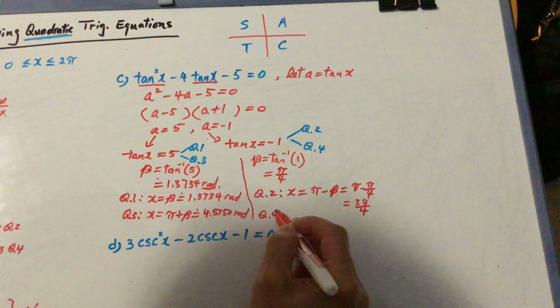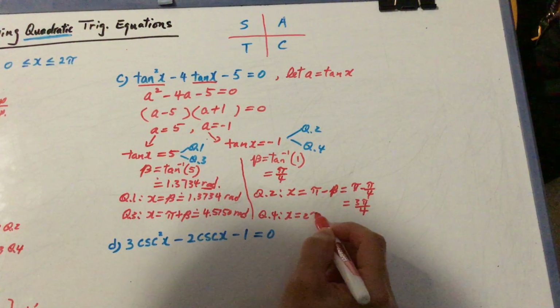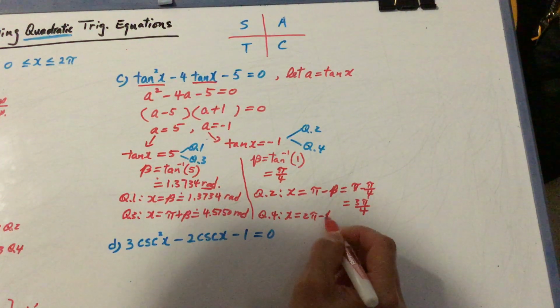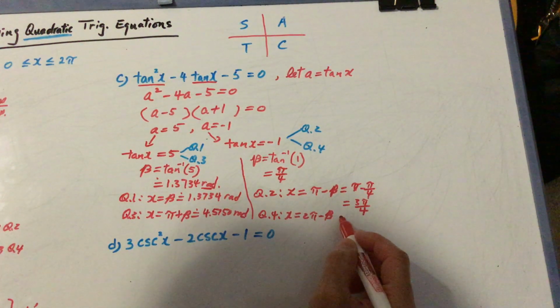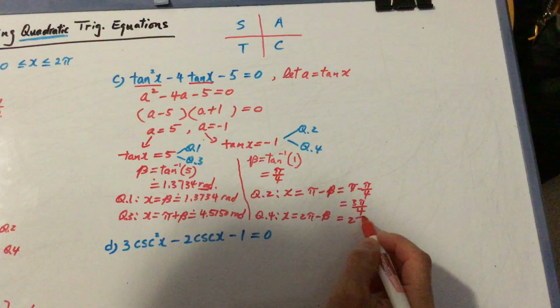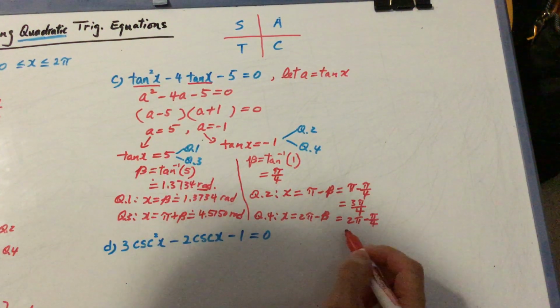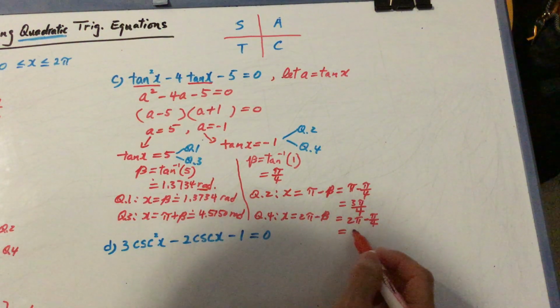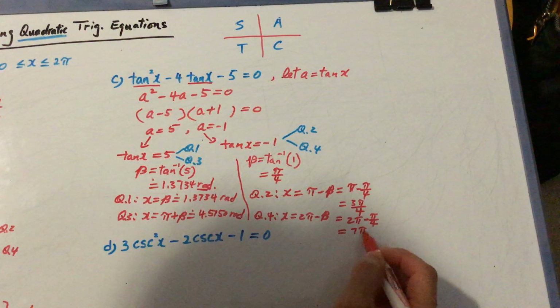But in quadrant 4, the principal angle x is equal to 2 pi minus the related acute angle, so that is 2 pi minus pi over 4. With a common denominator, you have 8 pi minus pi, so it's 7 pi over 4.